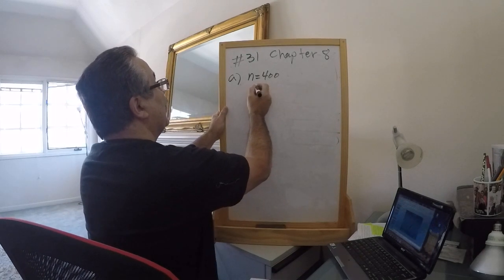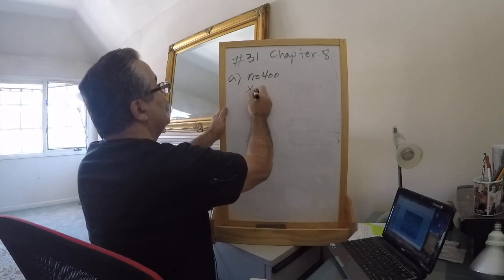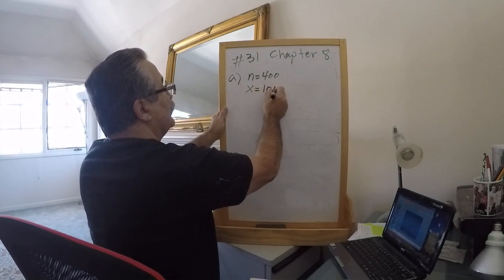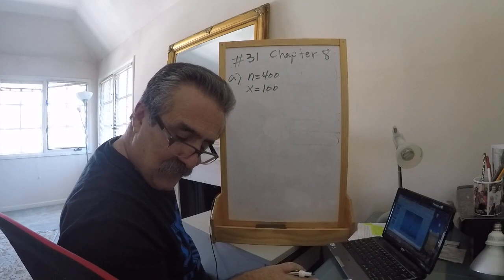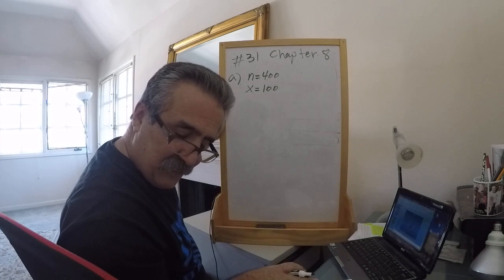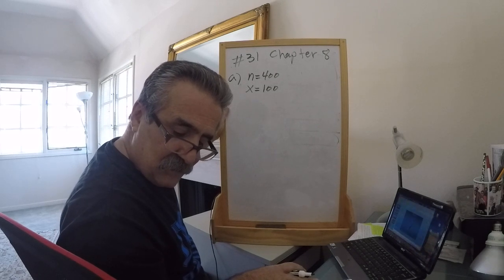So we can say x is equal to 100. What is the point estimate of the proportion of the population that would provide a yes response?